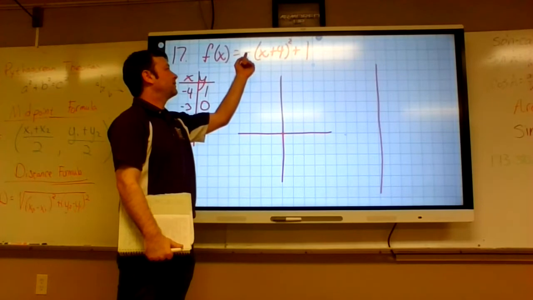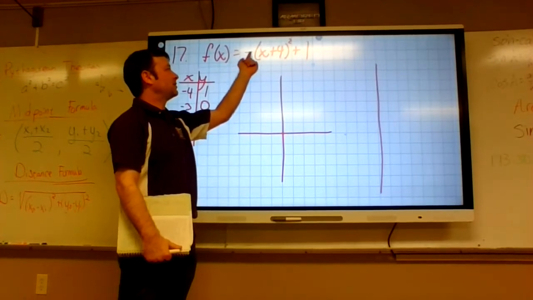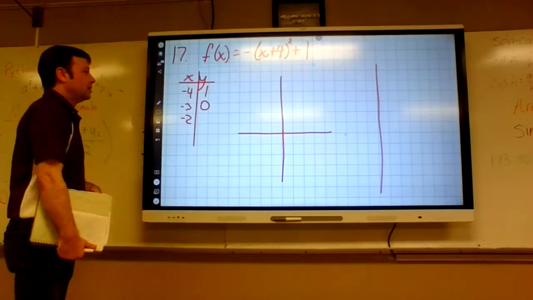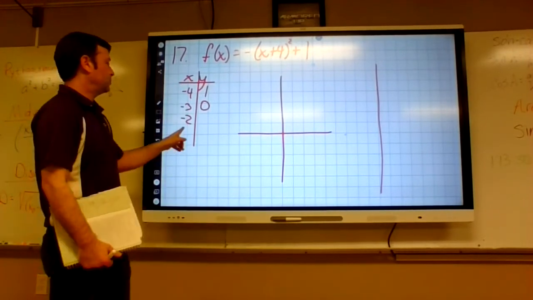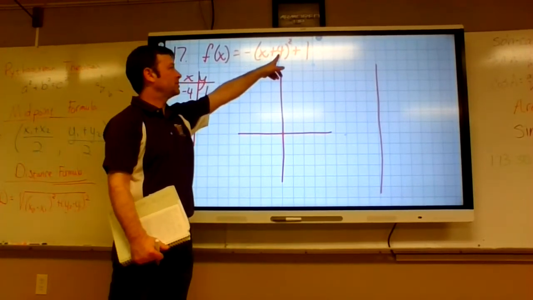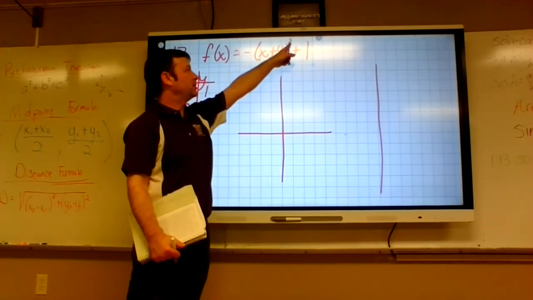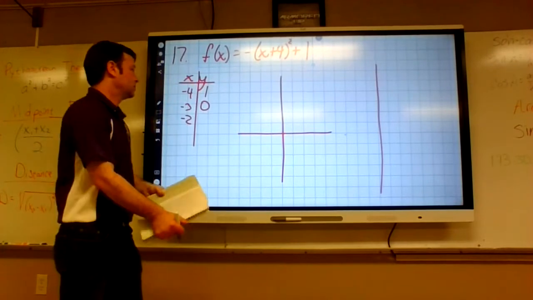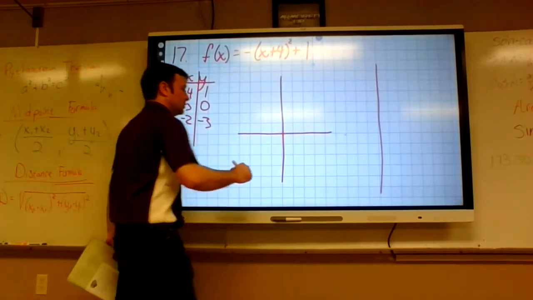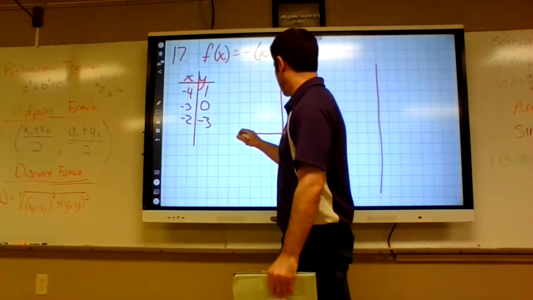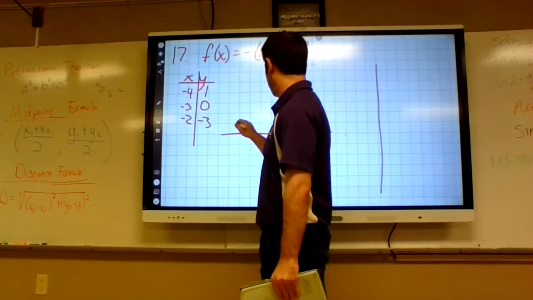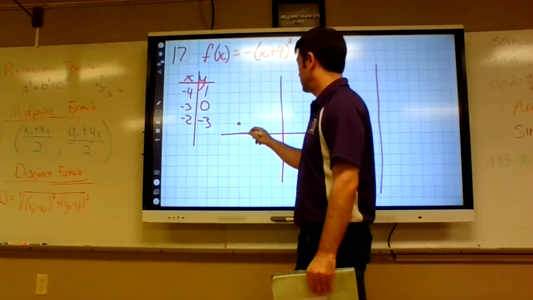You can think of the negative as like times negative 1, so that would come next, and then the add last. Negative 2 plus 4 is 2, squared is 4, negative 4 plus 1. So negative 4, 1, oh, we're way over here. Whoopsie. 1, 2, 3, 4. Negative 3, 0.